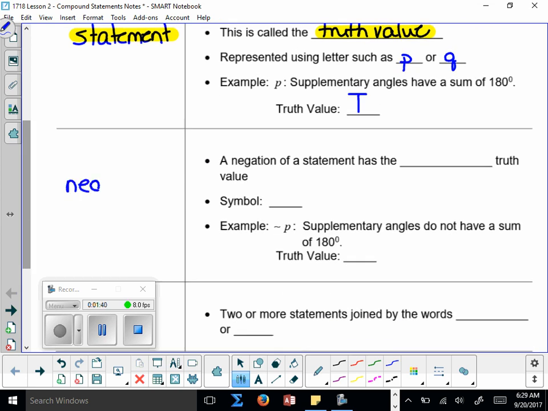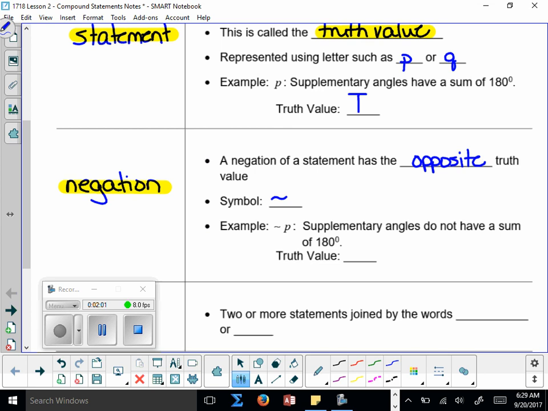Negation. Negation in mathematics is the idea that you have the opposite truth value. We have a symbol, the tilde.